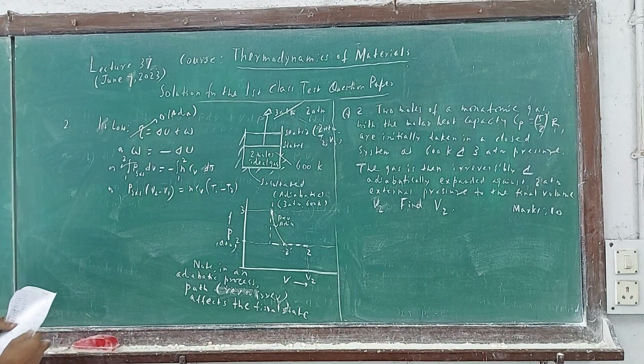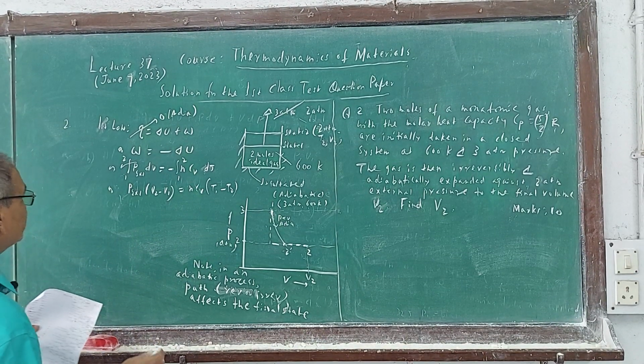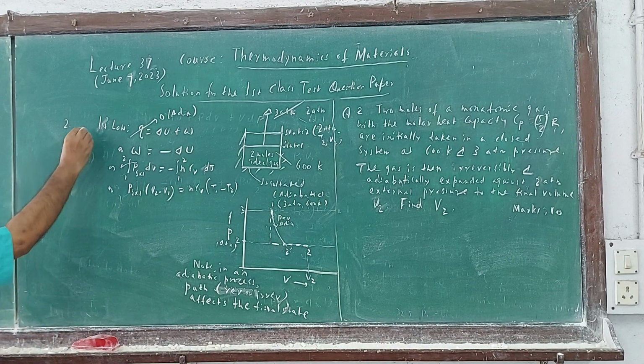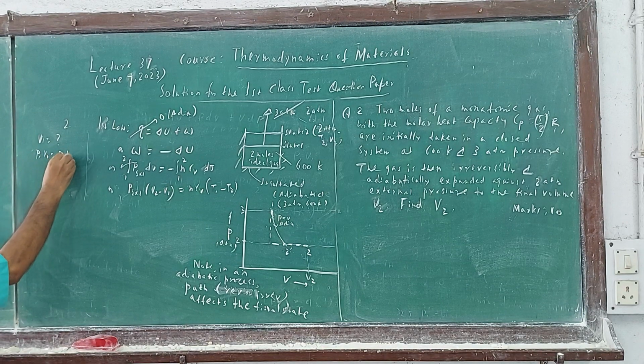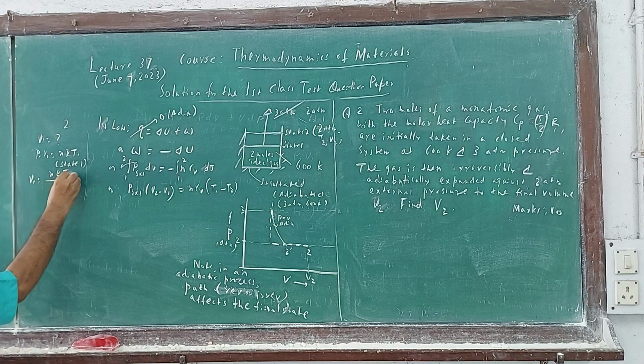Let us do this quickly. V1 is for state 1, the equilibrium state: P1 V1 equals nR T1, so V1 is nR T1 by P1.